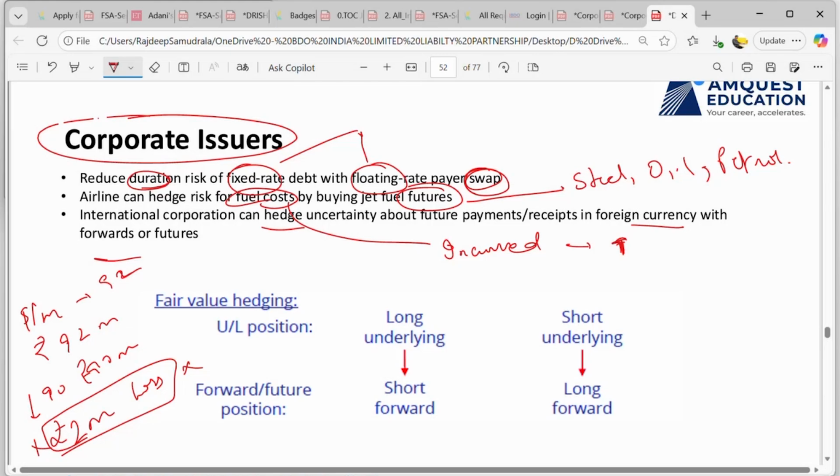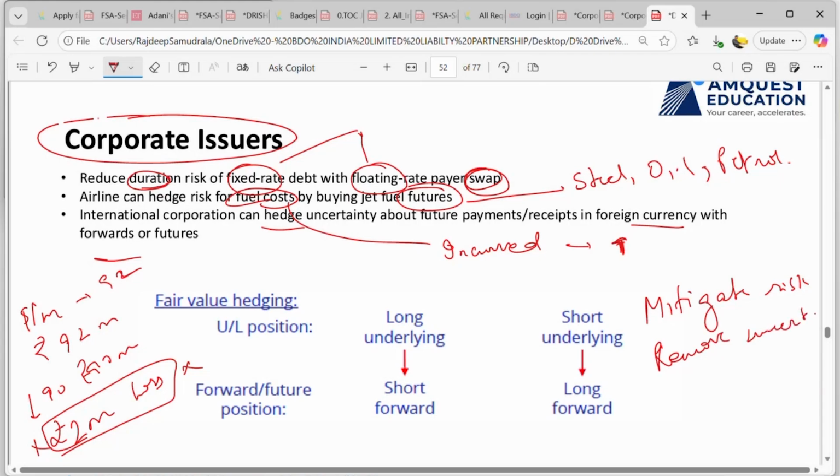Correct? But remember, the end game here is not to leave you unhedged and to give you a profit. The game here is to make sure that you are able to have a certainty on the future. Derivatives are here to mitigate risk, to remove uncertainty.